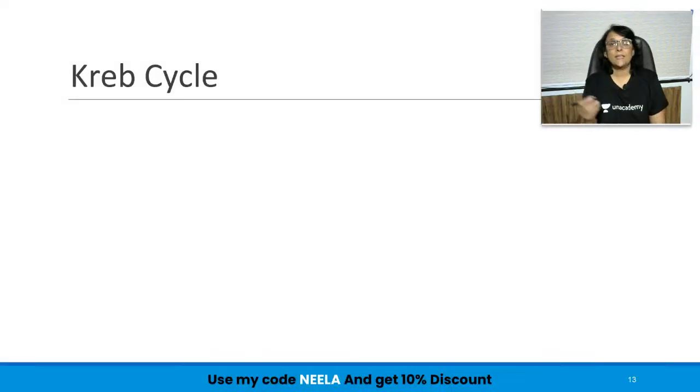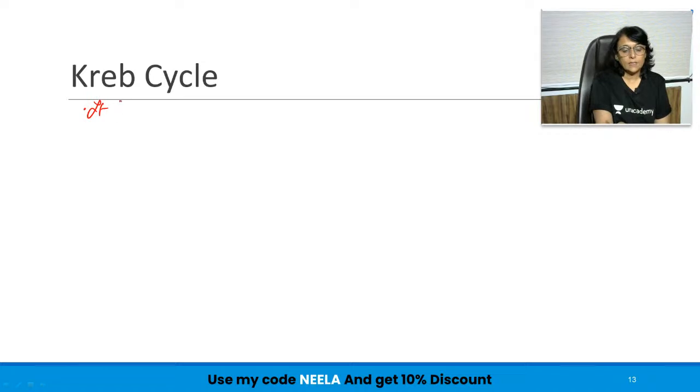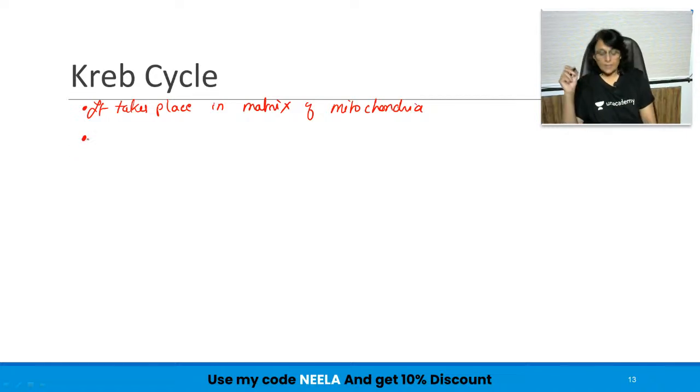Some basic things for the new students I'm going to write down. It takes place in the matrix of mitochondria. This is first. Is there any other name to this cycle?